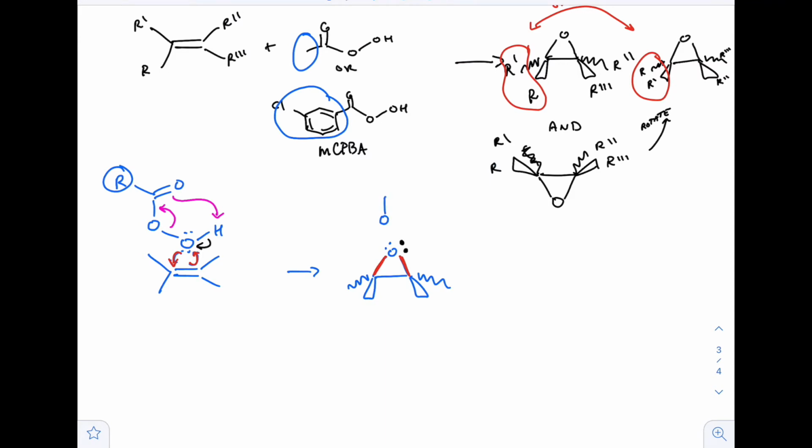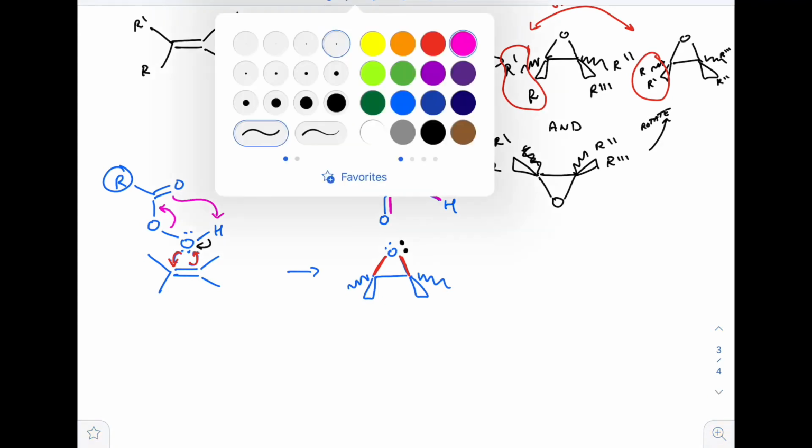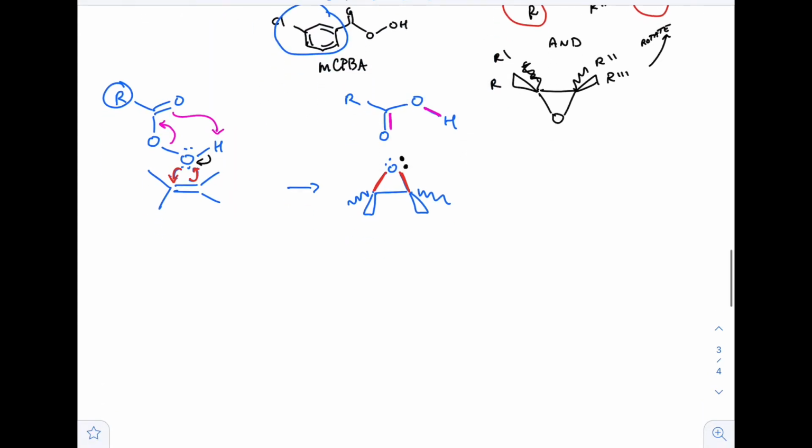I got the black lone pair, so you know the red and black arrows represent where those electrons went to create those bonds. And then we also have the pink ones representing those arrows that created the oxygen and hydrogen bond, and then the carbon-oxygen double bond. Okay, so just follow the flow of electrons, and I think you'll be all right.